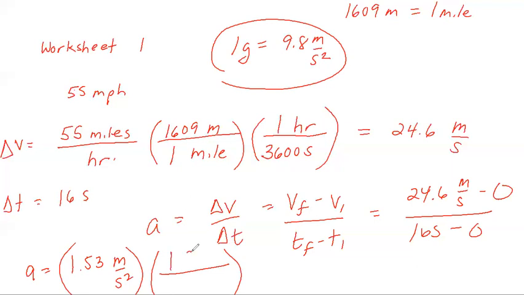So I'm going to have 1 G on top and then 9.8 meters per second squared in the denominator. And I'll get 0.156 G's. So that's my answer. And this is a conversion problem. It's a good thing to practice if you're a little stiff on converting values. Very good way to practice this.